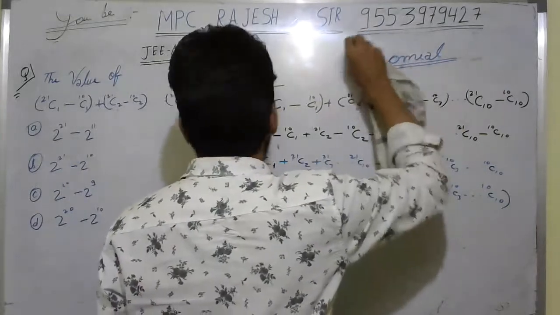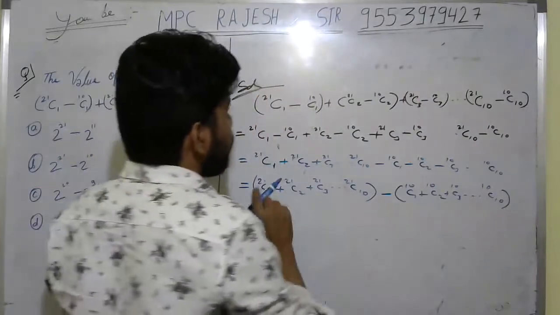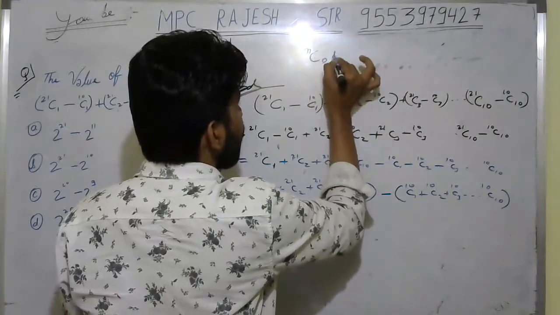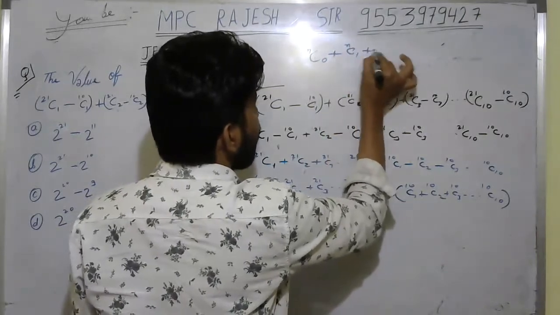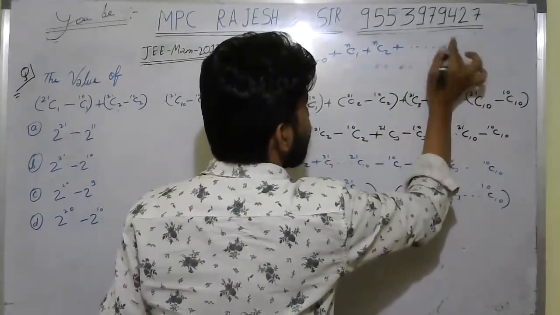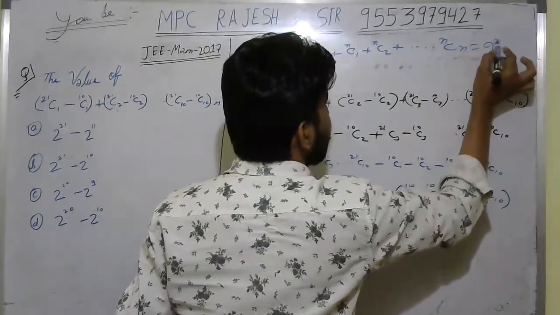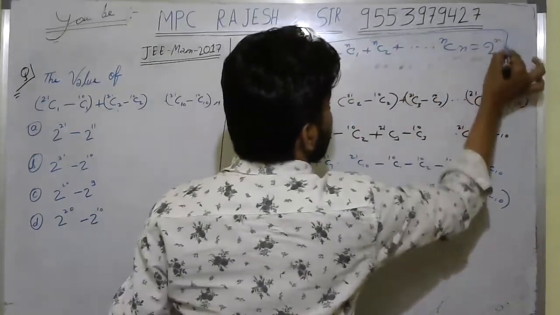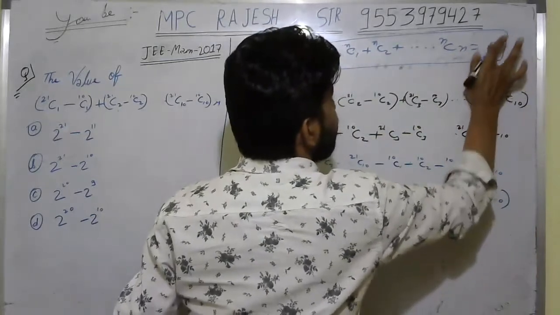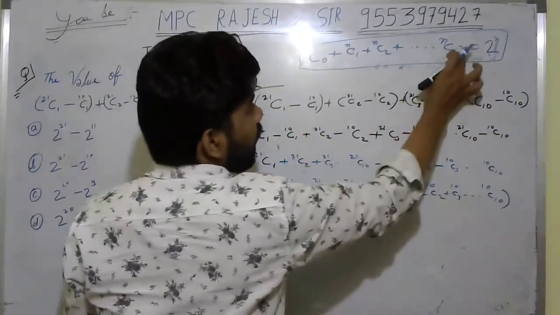That formula is C(n,0) plus C(n,1) plus C(n,2) up to C(n,n) is equal to 2 to the power n. This is the formula. Remember.